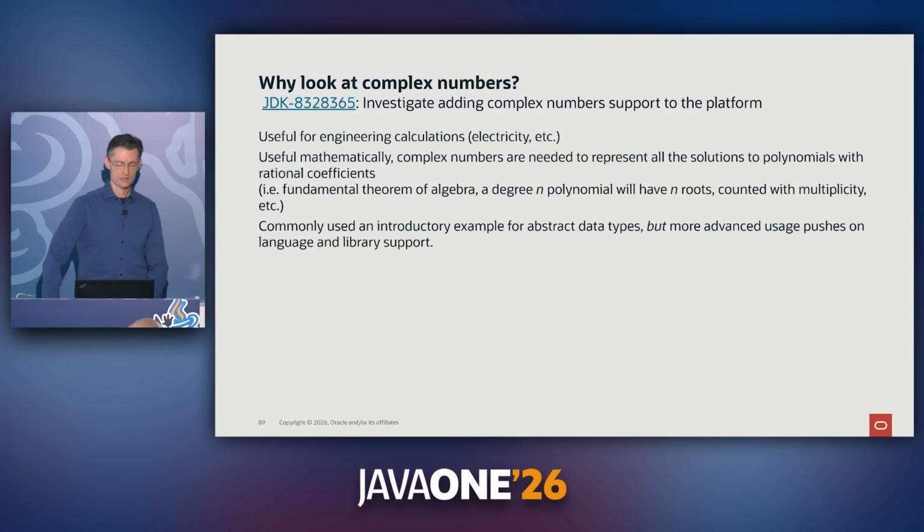If you want to talk about the roots of polynomials with real coefficients, you need to talk about complex numbers, because those roots are complex numbers. So complex numbers are tied into the fundamental theorem of algebra. While complex numbers are commonly used as an introductory example for abstract data types, kind of in a CS 101 sense, if you want a more advanced version of complex for production use, there are many other considerations to take into account.